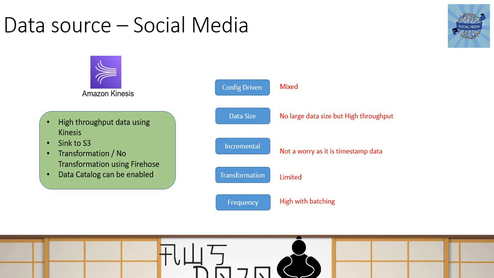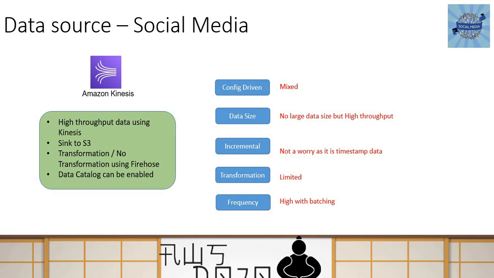Generally, transformation also you can do limited transformation in this case, because you generally use a Lambda function for the transformation. And in that case, since a Lambda function has got an execution limit as well as a memory limit, you can do transformation, but not a very large amount of transformation.